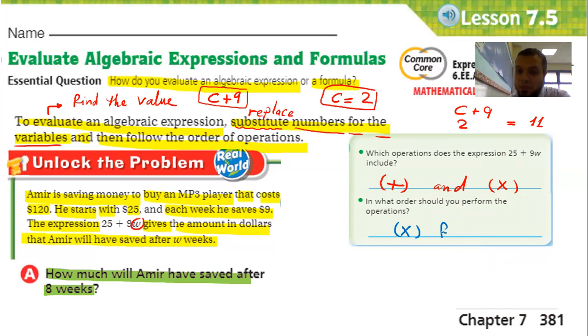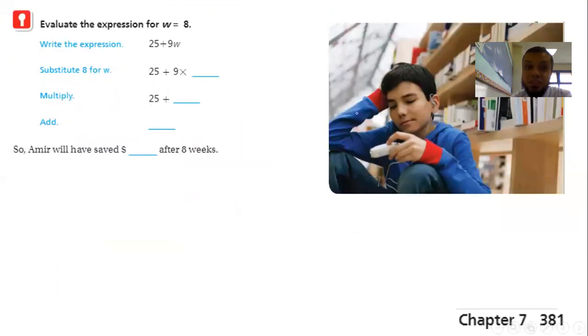So if you know the number of W here, you can evaluate this expression. The question A says, how much will Amir have saved after 8 weeks? So we need to evaluate the expression for W equals 8 weeks.